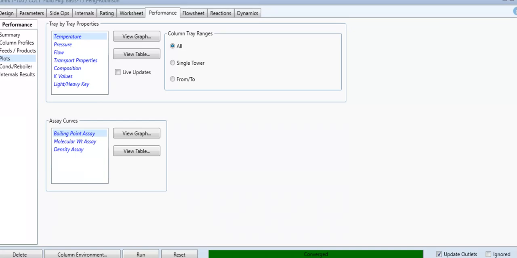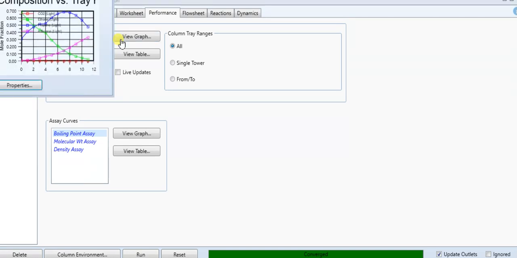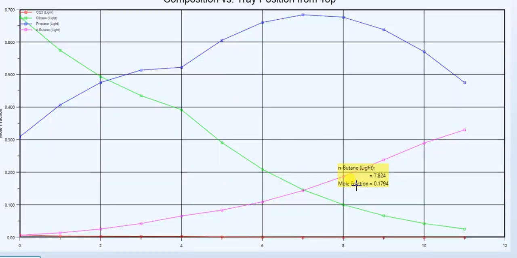Composition we also want to plot. You can see mainly ethane, ethane is green, and it is decreasing. At each stage some separation is going on. If it stays constant, it means we have an extra number of stages.